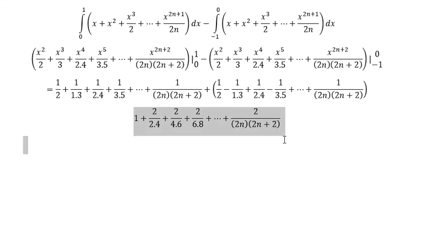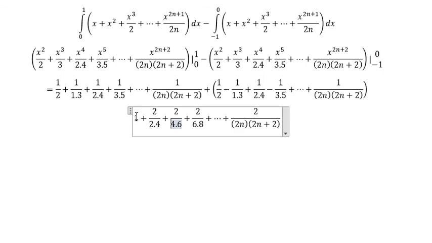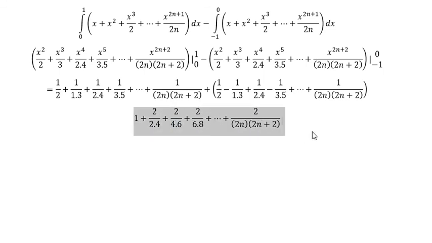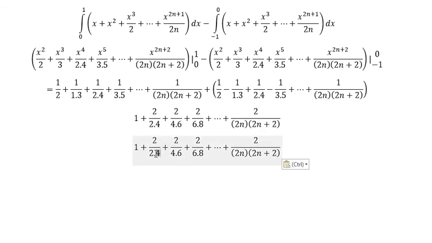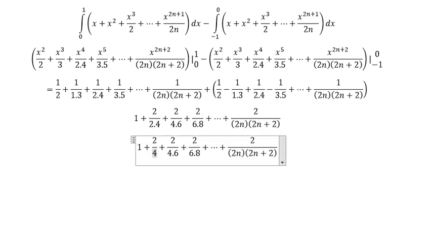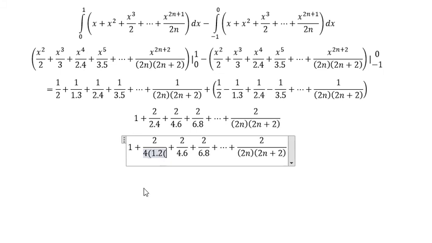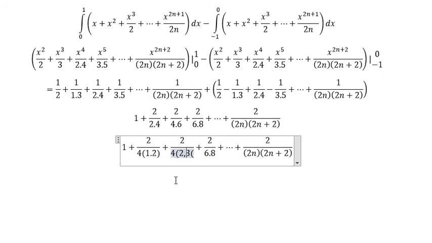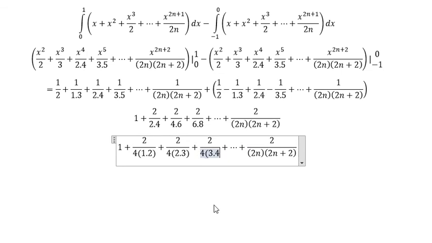Next, we have 2, we put out here. This one we get 4, and we have 1 multiplied with 2, and this one we put 4 outside, so you get 2 multiplied with 3 multiplied with 4, and so on.